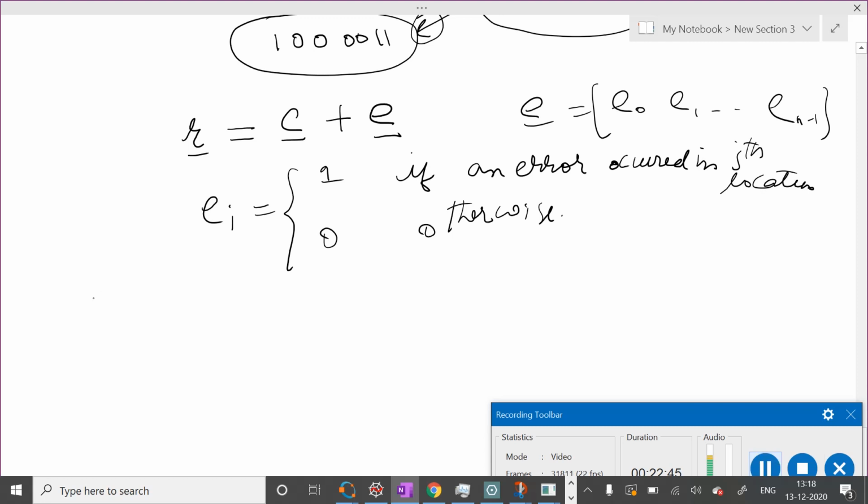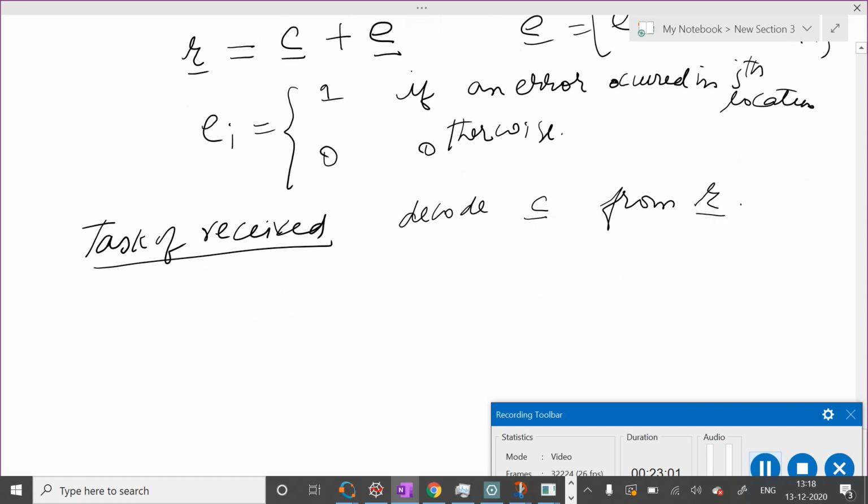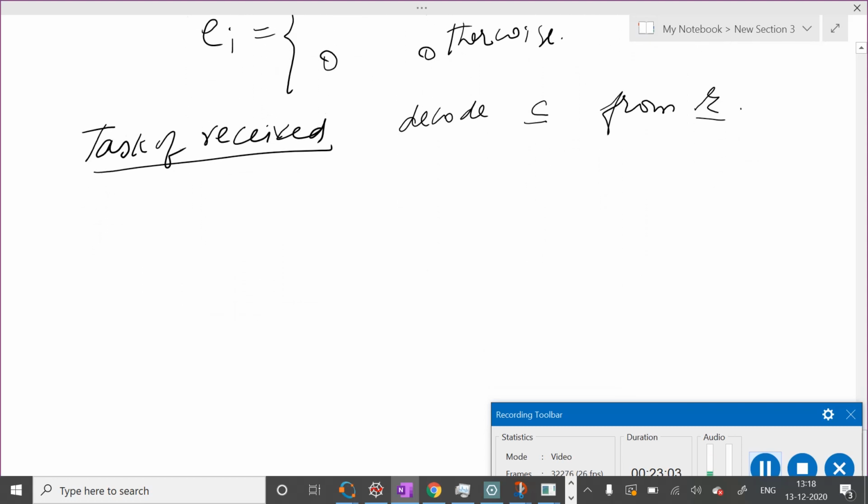Now what is the task of the receiver, the channel decoder? The task is to decode the code word C from the received vector R, right? For that, we will compute an important quantity.